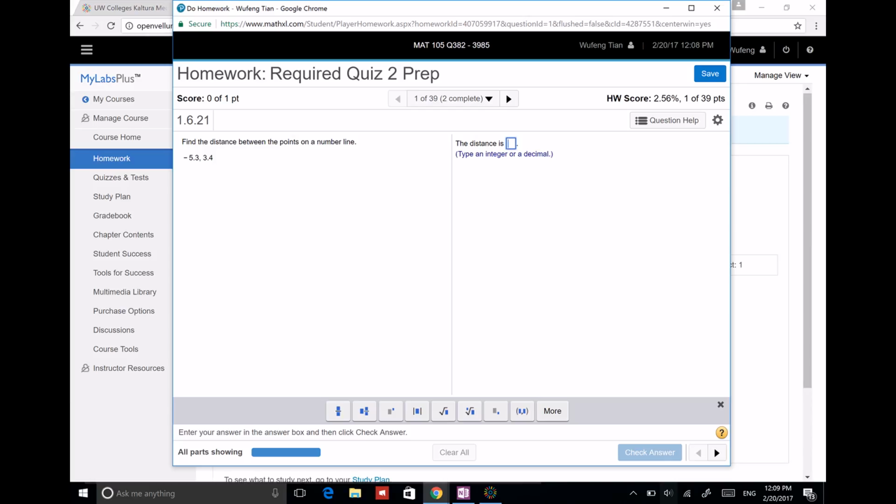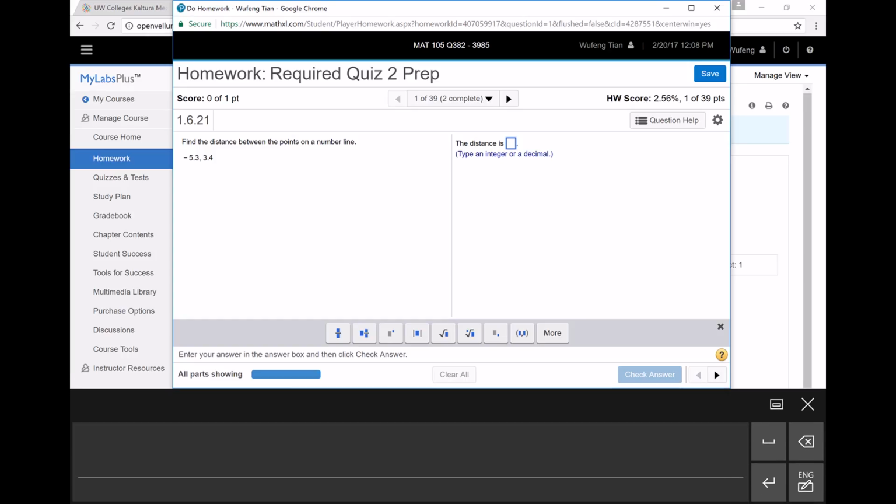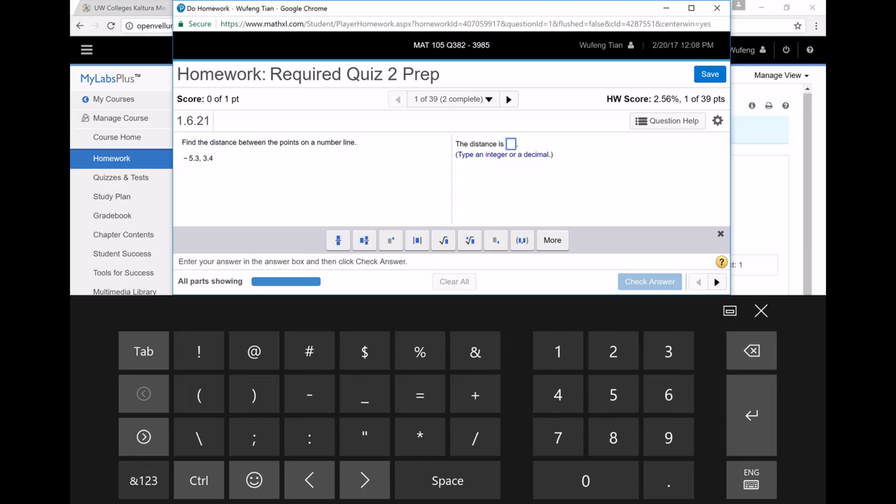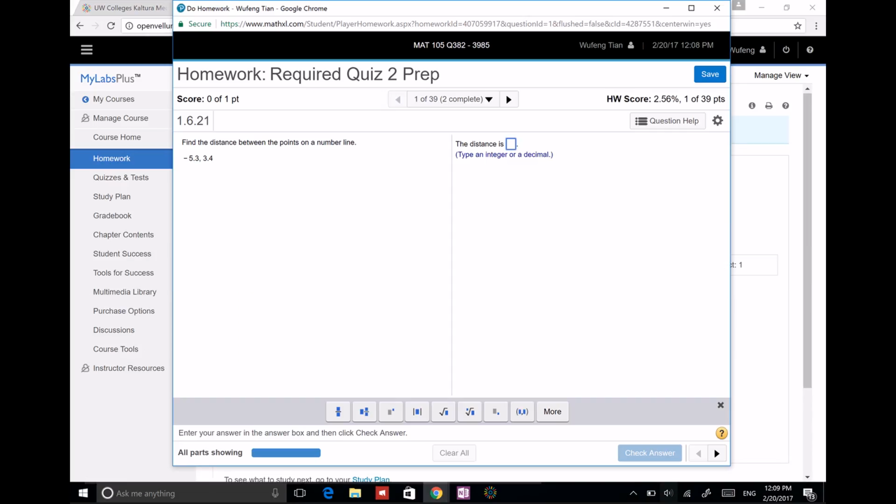Your quiz 2 is going to be next Tuesday. You have to finish this to be able to take the quiz. The problems should be very similar to your previous homeworks. You should be fine. If you need help, you can also use question help, view example, help me solve this. Okay. Thank you very much.